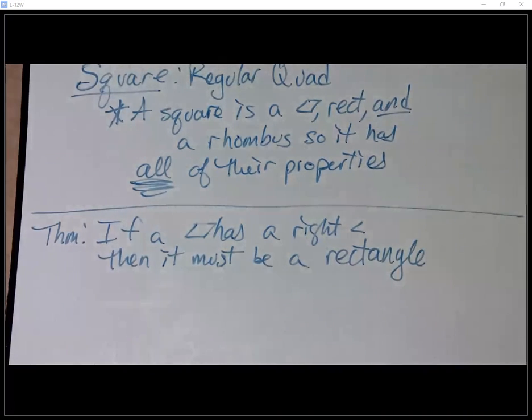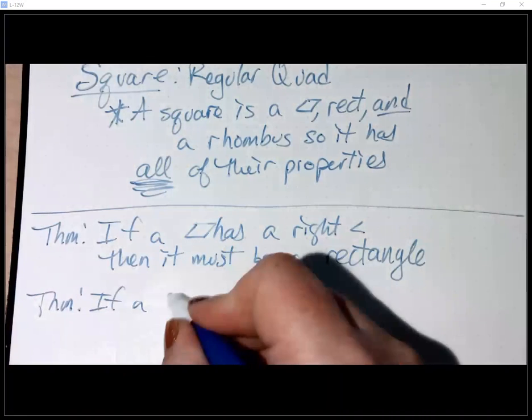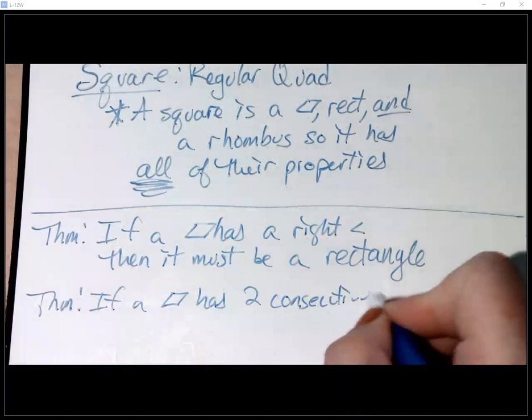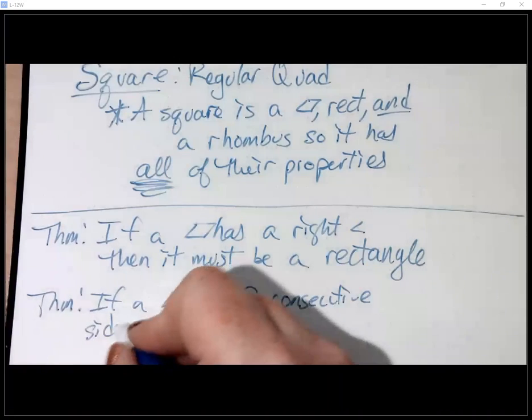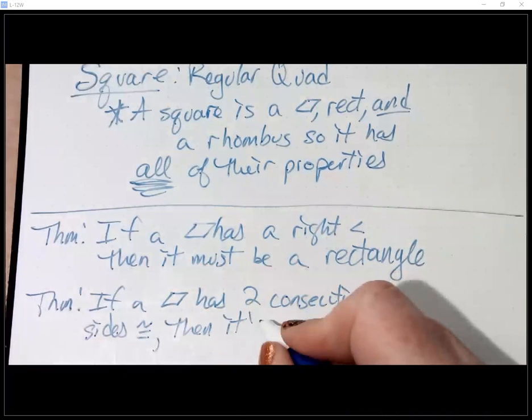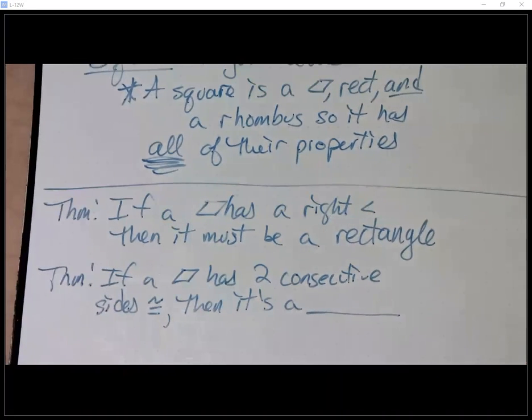Cool. Okay, next one. If a parallelogram has 2 consecutive sides congruent, then it must be a rhombus.